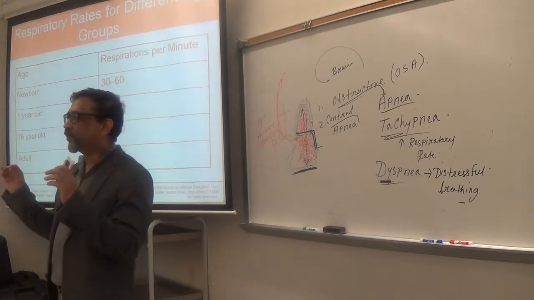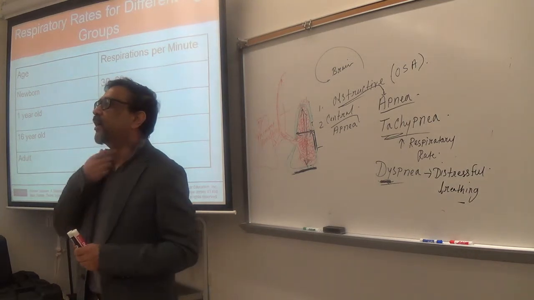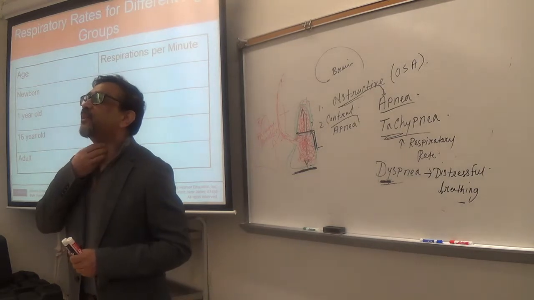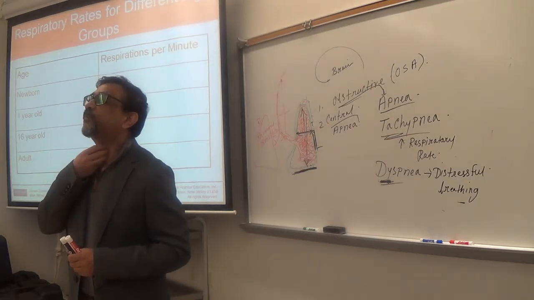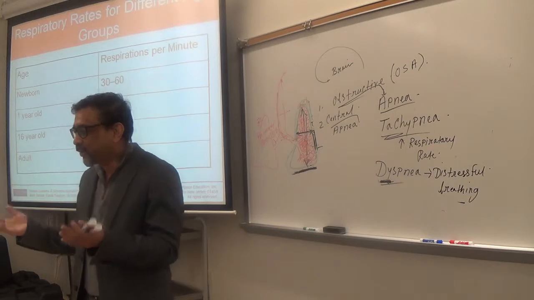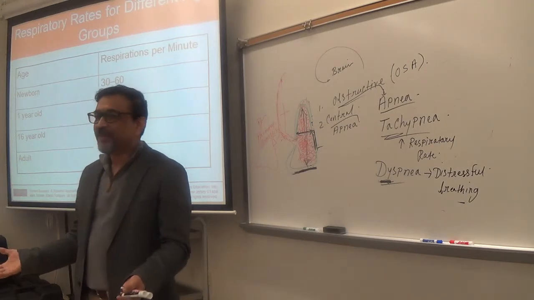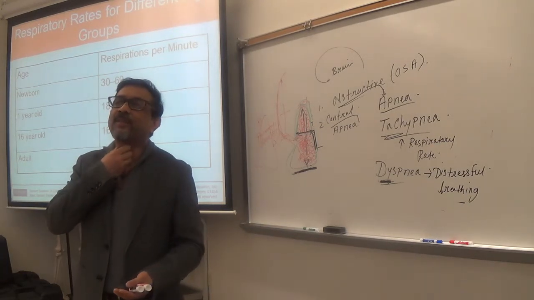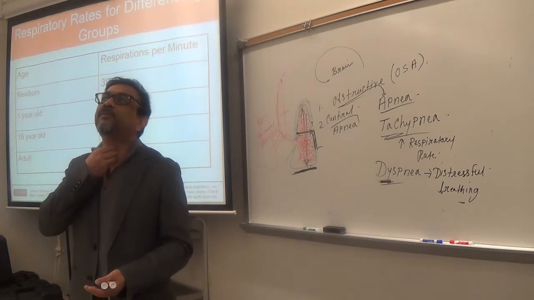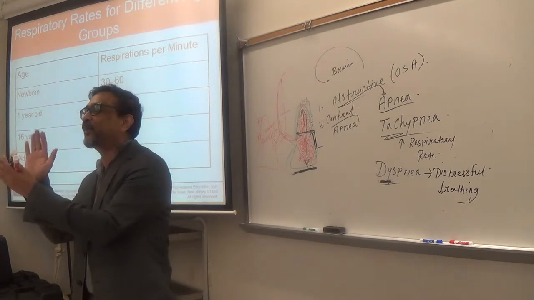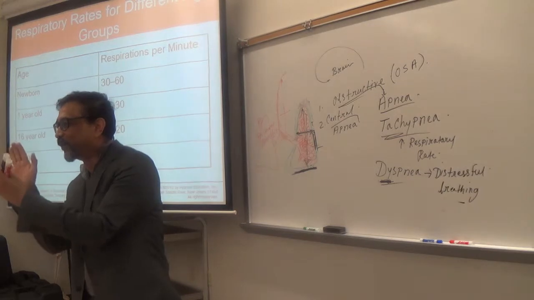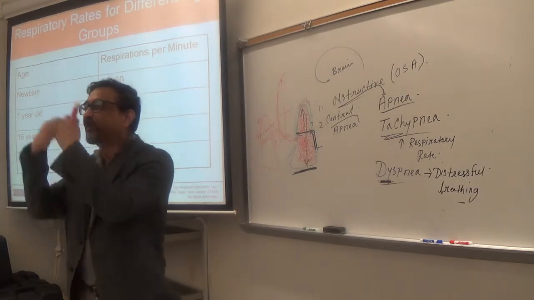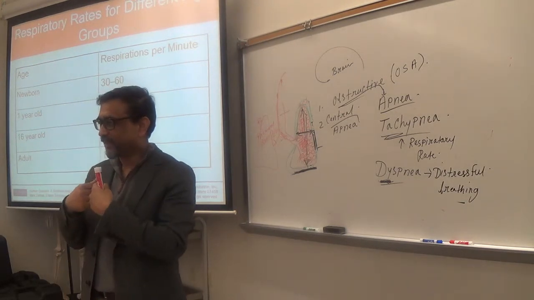For example, when you sleep, what happens? The muscle in the back of your throat relaxes. You know, when you sleep, muscles relax, right? So the muscle in the back of your throat relaxes, and when it relaxes, it moves forward and can block your breathing. Make sense?